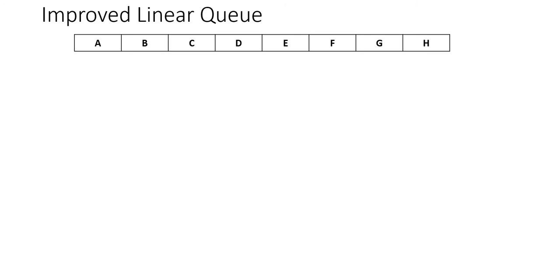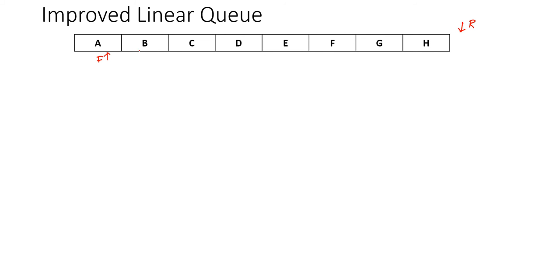Okay, in this video we're going to be making an improved linear queue. So the problems that we faced before were that we would run out of space. Our queue that we made right at the start, our standard first in first out queue, when we filled it, we would be in a position like this.